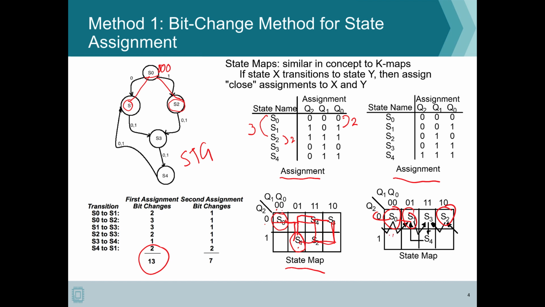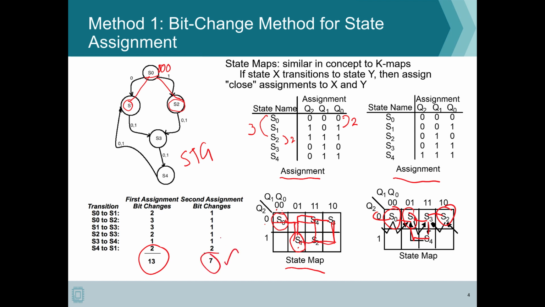So you could also do S2 there, so that's another option, but this is one of the solutions. So you have S2, and then from S2 to S3 is only one jump. S1 to S3 is only one jump. S3 to S4, which I put here, is one jump. And then again, once I've put that, S4 to S1 becomes two jumps. So the total number of jumps in this case is only 7.